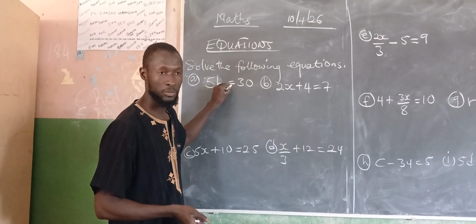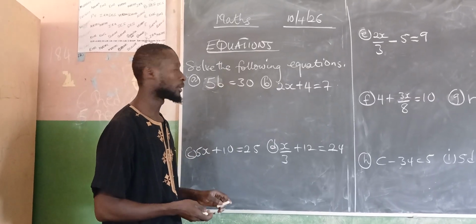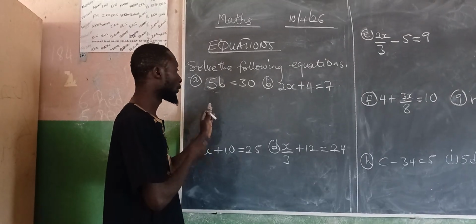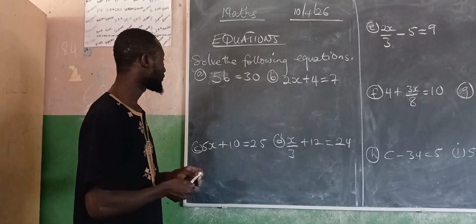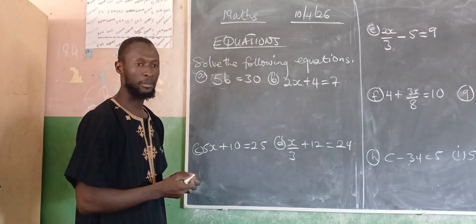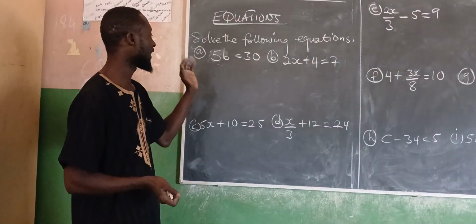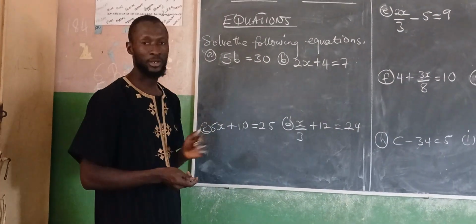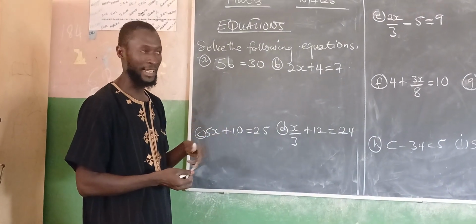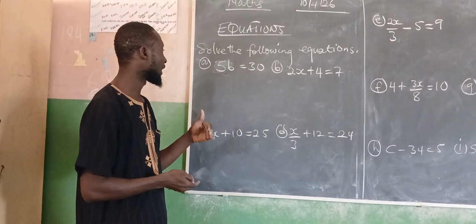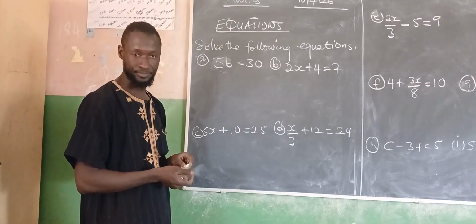So this equal sign makes this an equation, because normally in an equation, between two terms or three terms, you have an equal sign between them. If you look at the left hand side, we have 5b, the right hand side we have 30, but in between them we have an equal sign. So we have 5b equals 30.